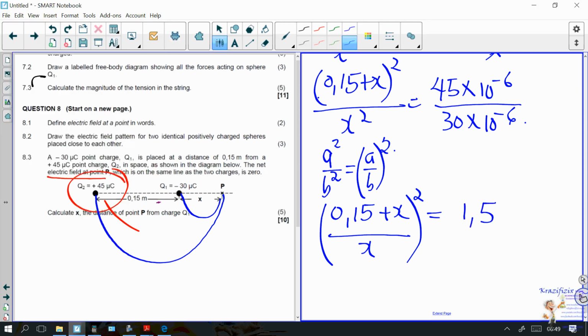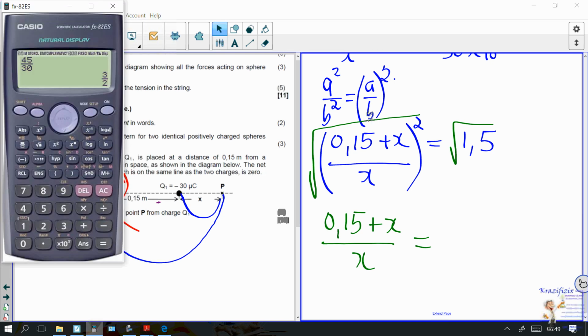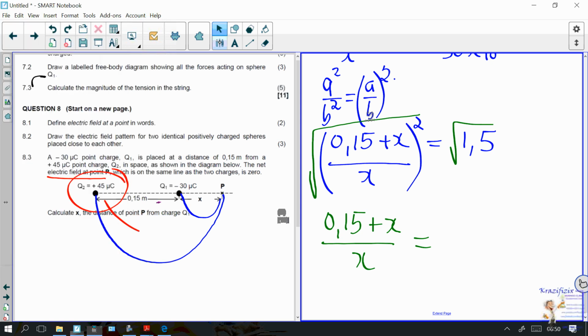But remember now, I can easily look for the square root of both sides. So what am I going to have? 0.15 plus x over x equals, what is the square root of my answer here? 1.2247. I'm going to keep my answer on my calculator.